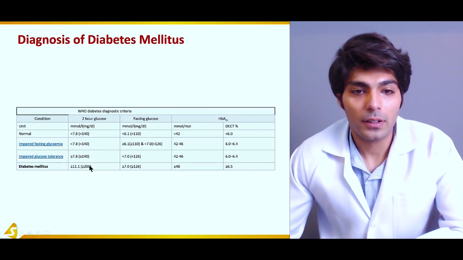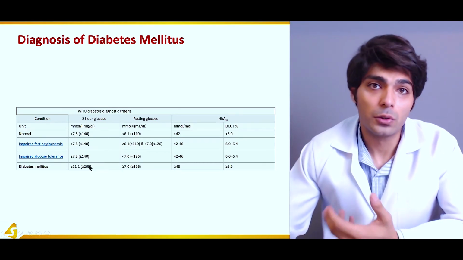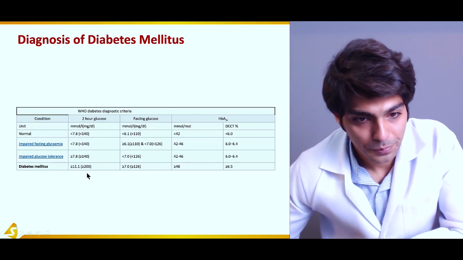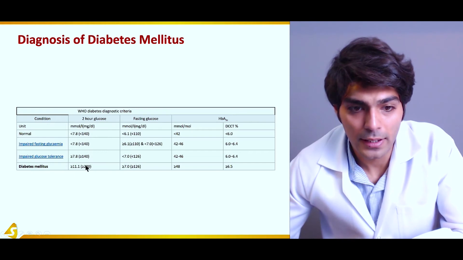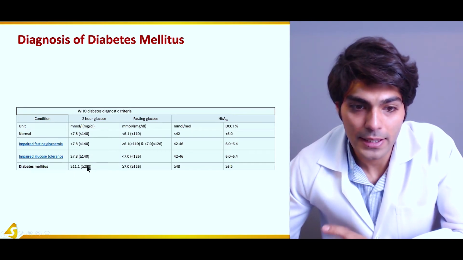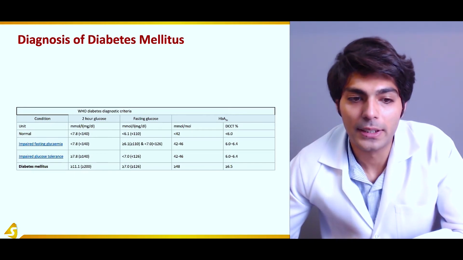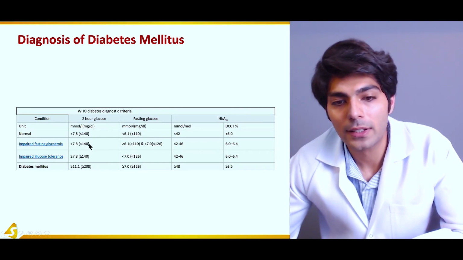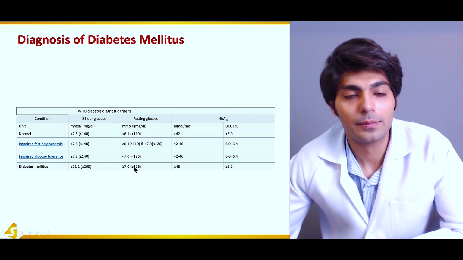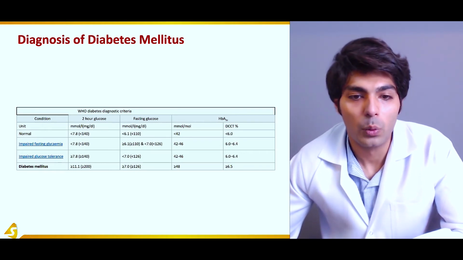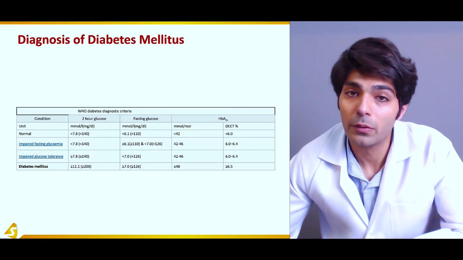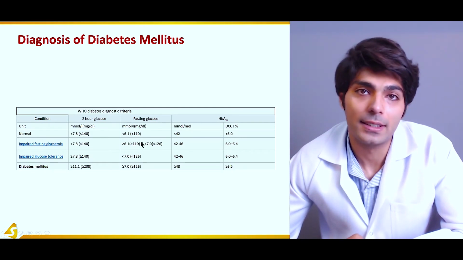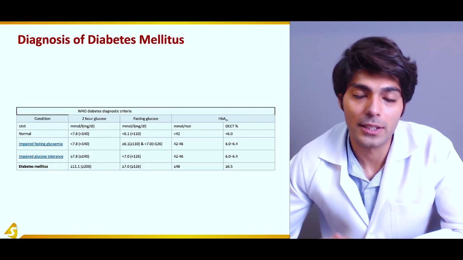In diabetes mellitus, if the 2-hour glucose is more than 200 milligram per deciliter, then we declare it as diabetes mellitus, while the fasting glucose must be higher than 126 to be declared as diabetes mellitus during the fasting state.